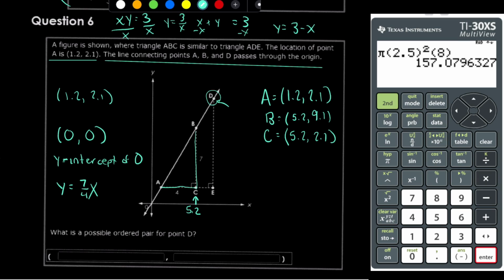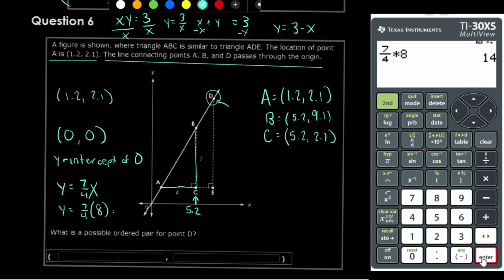So you can put in, I don't know, say 6, right? Or even 8. 8 would work. So if you put in 8, you get y equals 7 over 4 times 8. So let's do that. 7 over 4 times 8 is 14.